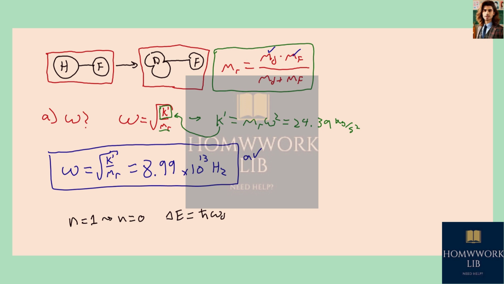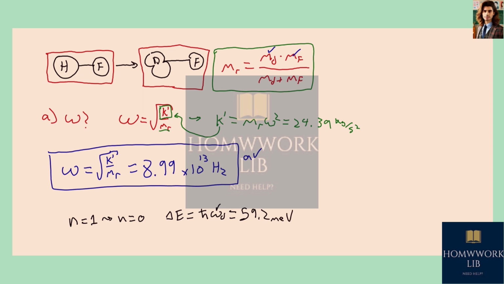And this omega is, of course, just what we calculated, and h bar we have. So if you calculate the energy of this transition, it's 59.2 millielectron volts.